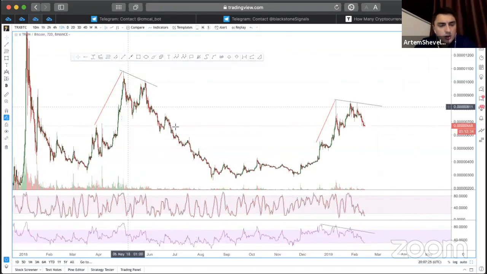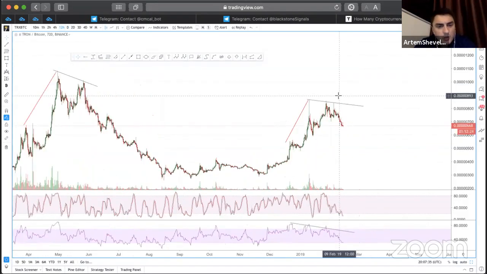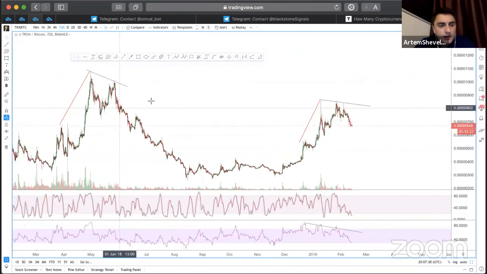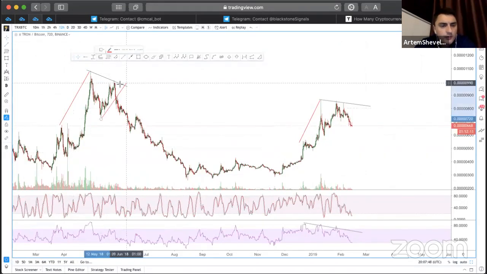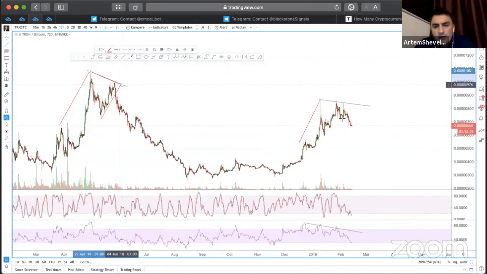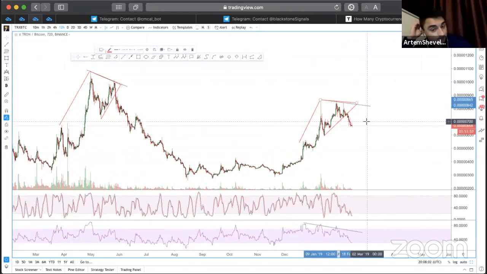Anyway, we have a pretty similar market structure here. We have something like a triangle here on the top, and we have a triangle again on the top. It's probably a reversal triangle.